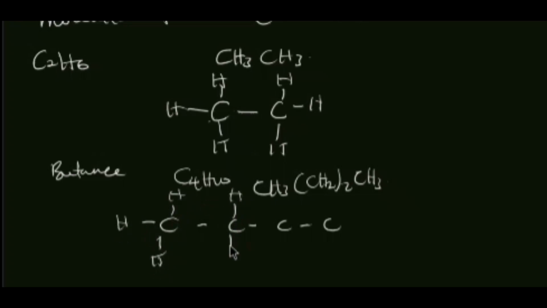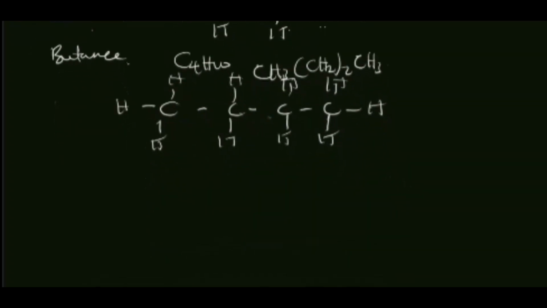Each carbon will have a hydrogen to make 4 complete bonds, and the leftover bond will be between the carbon and the carbon. So you can see that we have 2 CH2 here, then we have CH3 at the ends, and this is what we call the open structure. Then we have the condensed structure, which we have opened.